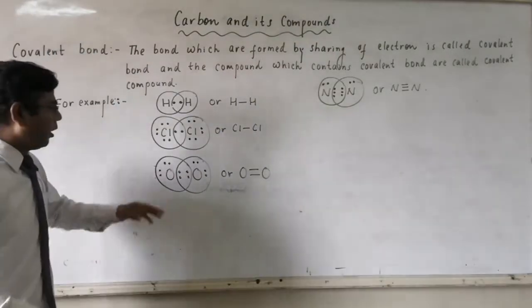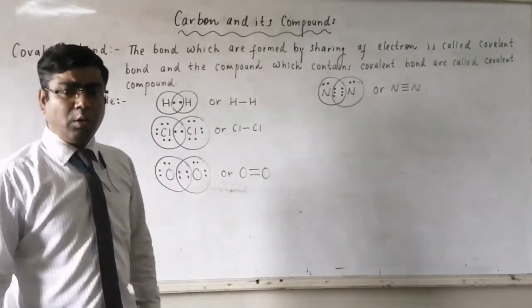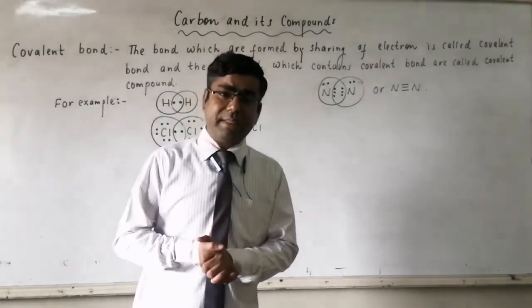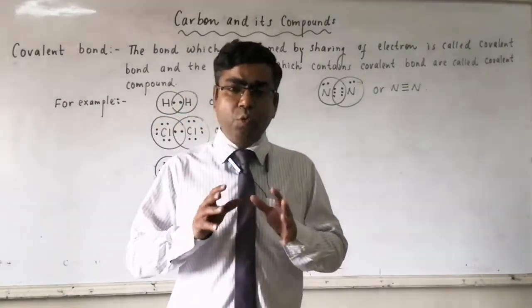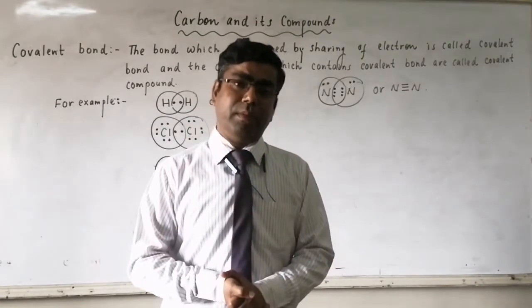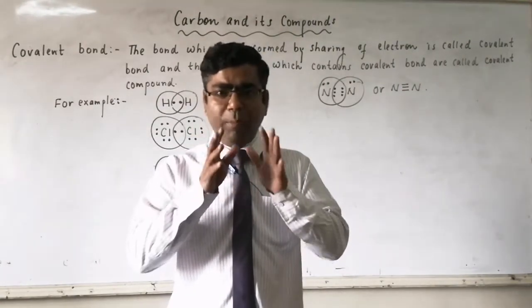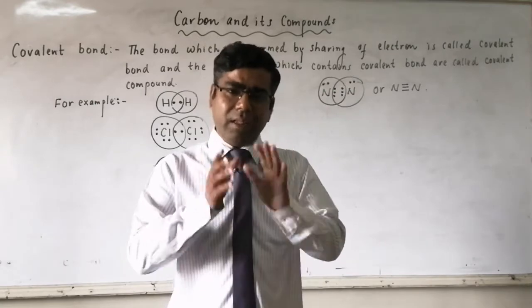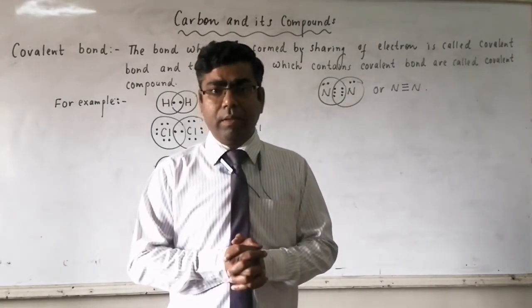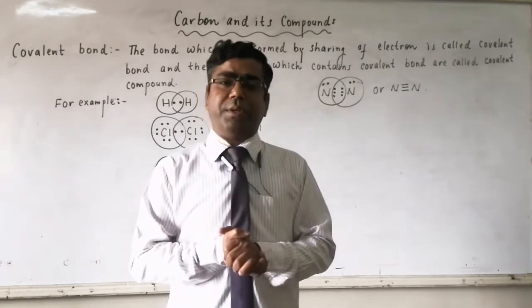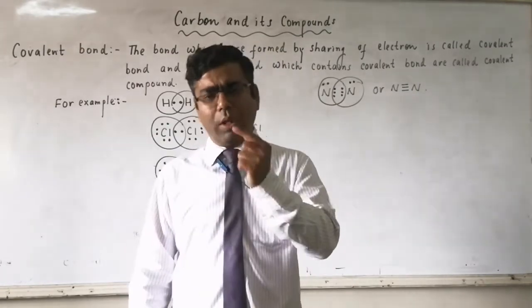Then we have the example of chlorine. Chlorine has atomic number 17, so its electronic configuration can be written as 2, 8, 7. The third energy level forms the valence shell in chlorine, and in the valence shell we have 7 electrons. For completion of the octet, chlorine requires only 1 electron.